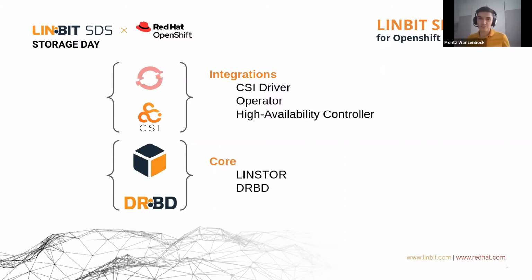But if there is storage involved, then this can be a little bit slow in OpenShift. So we have a special component that speeds that process up as long as you're using Linbit SDS.